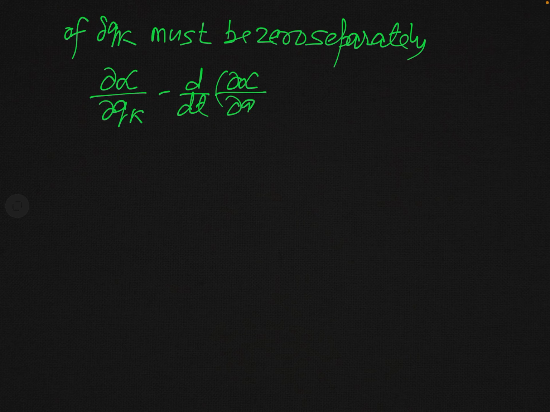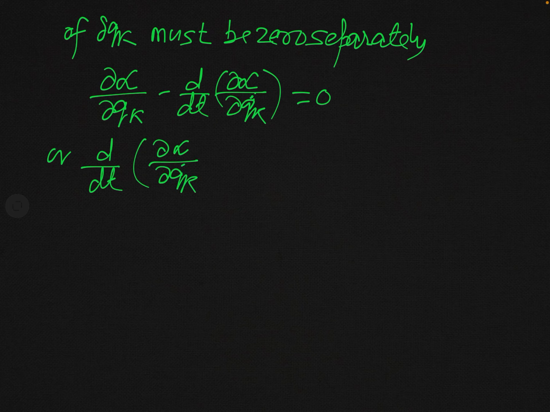So in general, you can say that del L by del qk minus d dt del L by del qk dot equals 0, or you may write it as d dt del L by del qk dot minus del L by del qk equals 0.